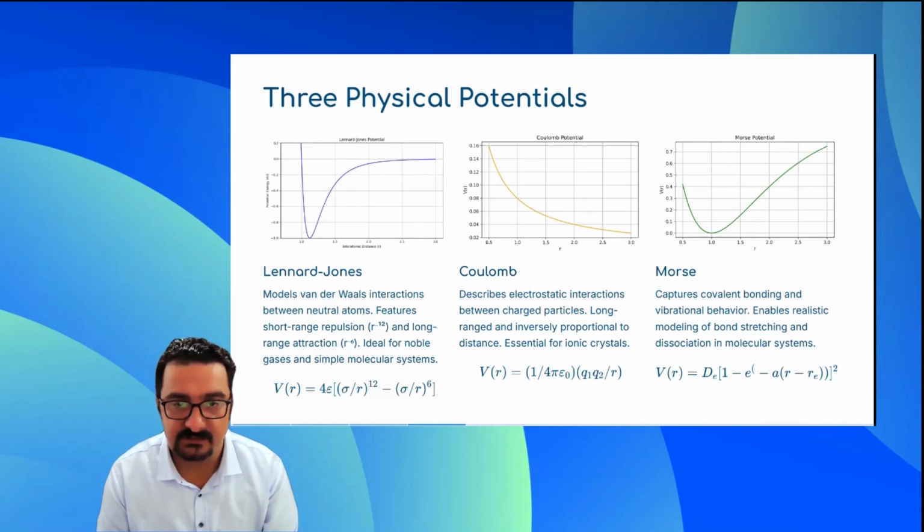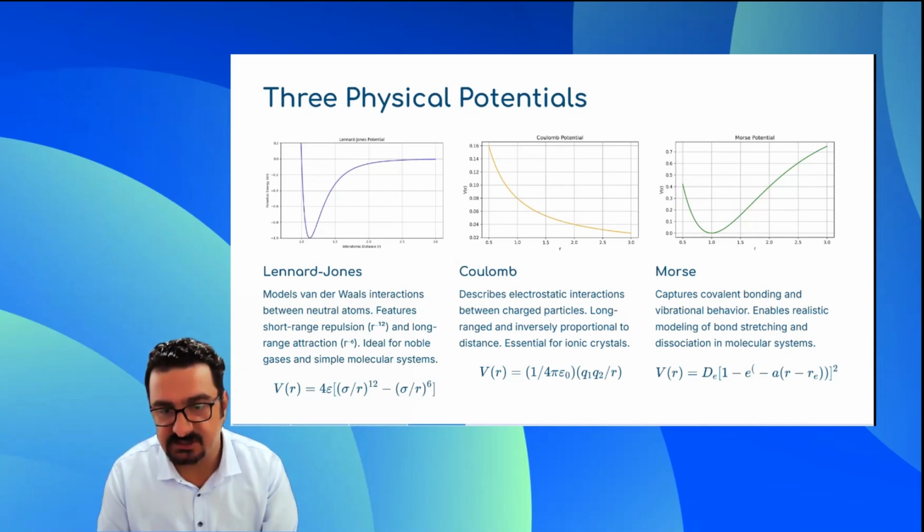Next, the Coulomb potential, which describes the electrostatic interaction between charged particles. It is long-range and inversely proportional to the distance between charges. This potential is essential for simulating ionic crystals where charge-based interactions dominate. Finally, the Morse potential. This one is particularly useful for modeling covalent bonding and vibrational behavior in molecules.